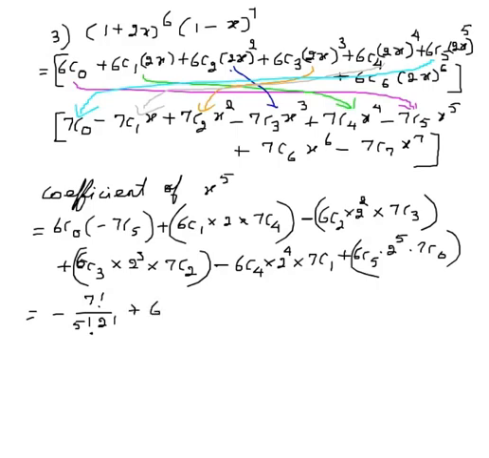Plus 6c1 is 6 times 2. 7c4 is 7 factorial divided by 4 factorial times 3 factorial, minus 6c2. 2 square is 4. 7c3 and 7c4 will be equal.